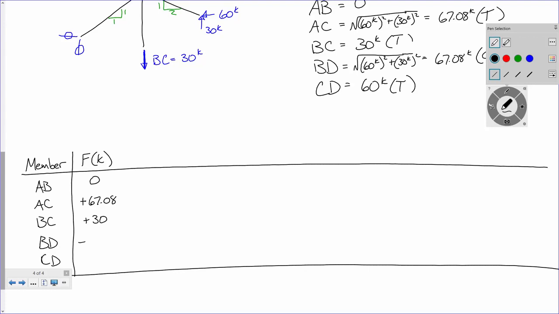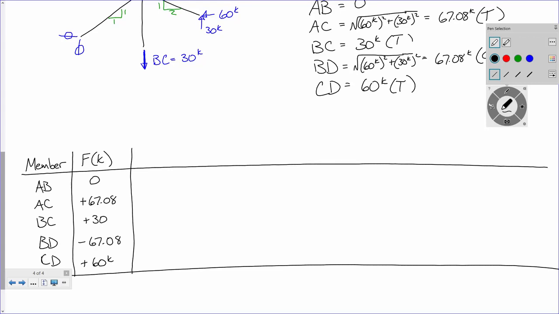BD, negative 67.08. And CD, positive 60. Everybody good? Those are the results from my real analysis.